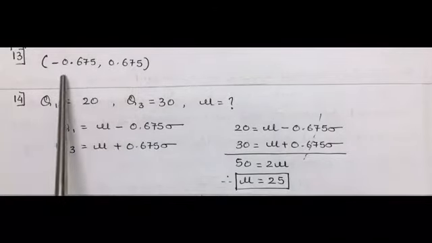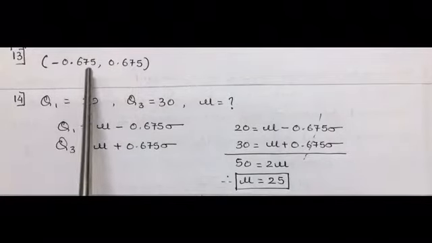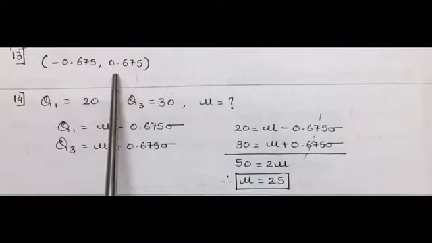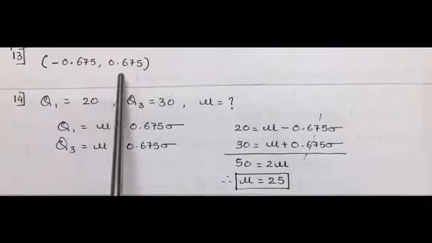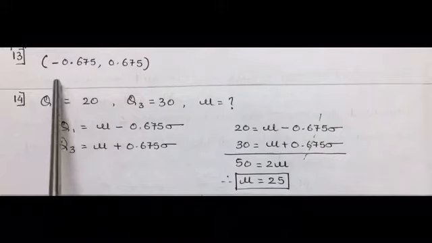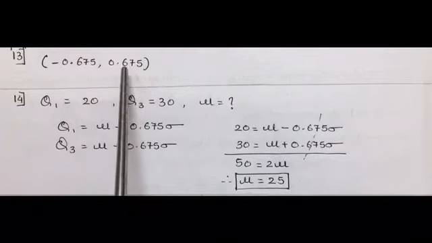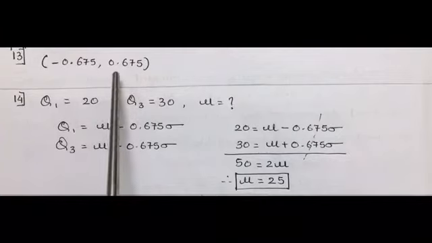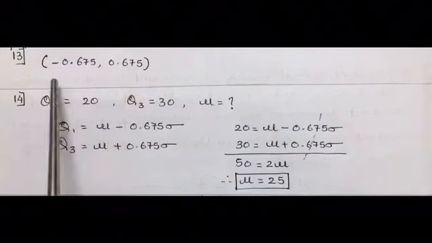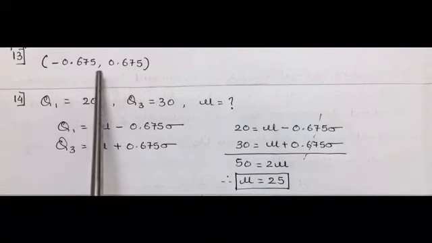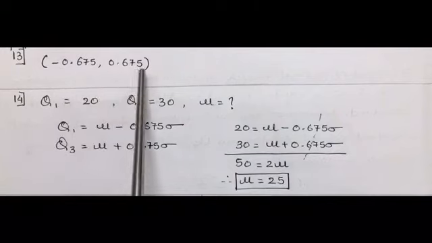So Q1 value is minus 0.675 and Q3 value is 0.675. So Q1 lies towards the negative side and Q3 lies towards the positive side. So the middle 50% of values lie between minus 0.675 and 0.675.